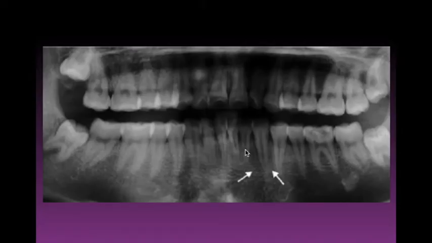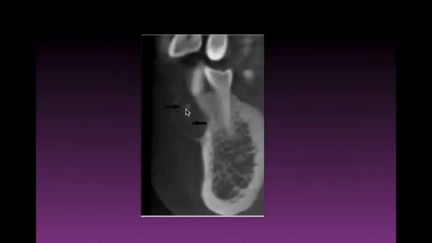Now, borrowing one of this image from a diagnostic center that I know of, a panoramic radiograph that doesn't seem to show anything, but on uncut slices, you could clearly see a defined decrease in lucency with areas of opacity, showing signs of bone expansion or periosteal reaction.